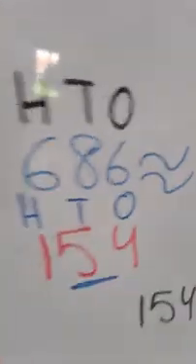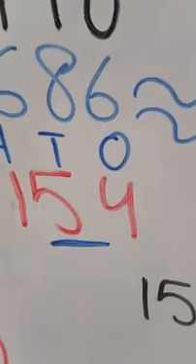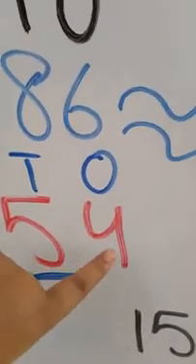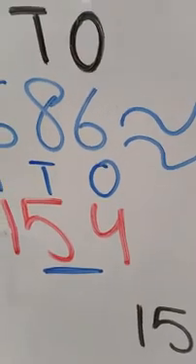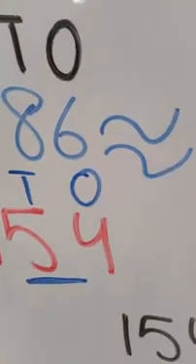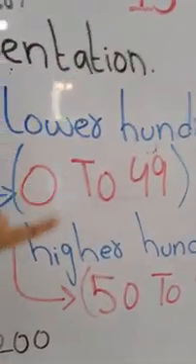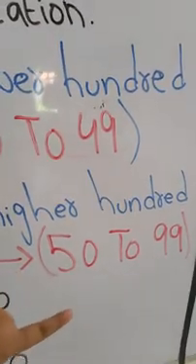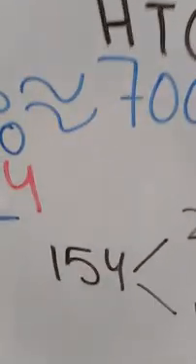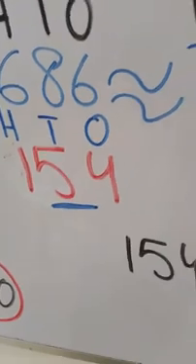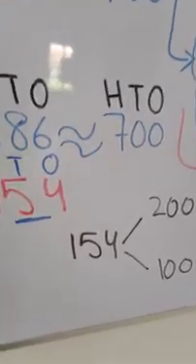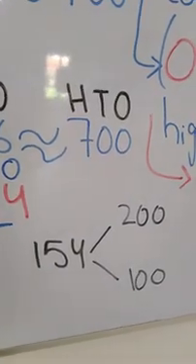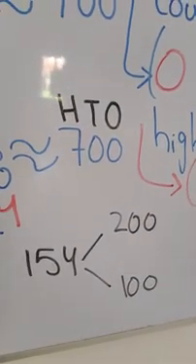Now in nearest 100 we have to see the number in tens place and also in ones place. Now there is a number 54. Now is 54 lower 100 or higher 100? Lower 100 comes from 0 to 49 and higher 100 is 50 to 99. So here we have 54. So 54 is a higher number. So we jump to the higher number. So is 154's round off 200 or 100?